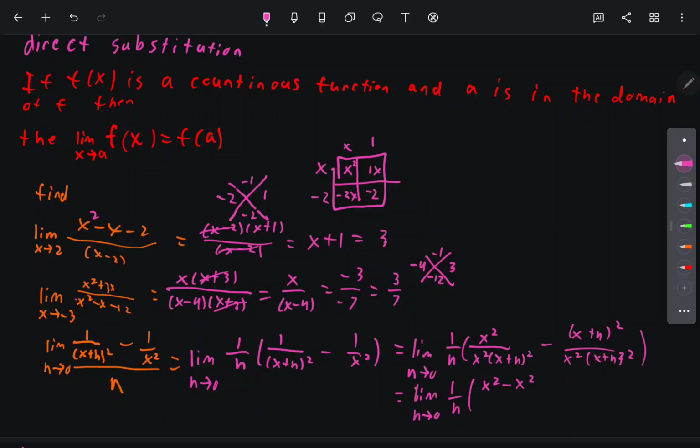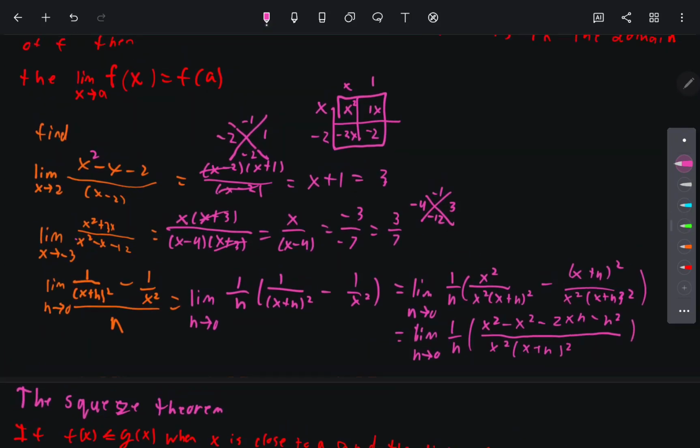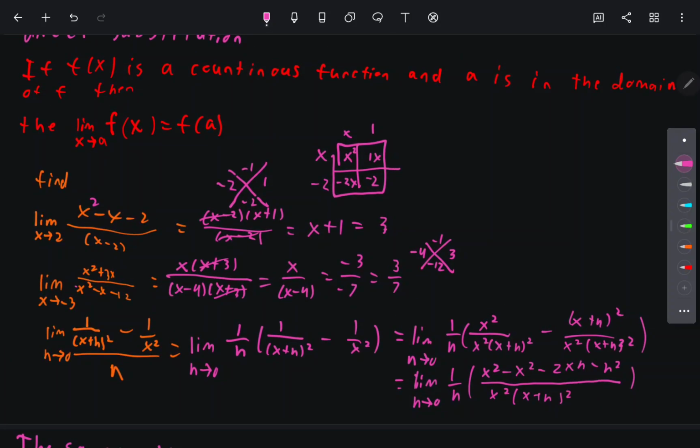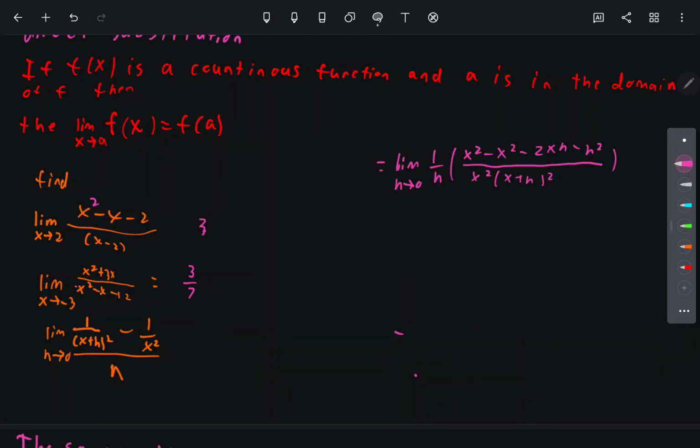We are going to get minus 2xh minus h squared all over x squared times x plus h squared. Well, looks like I'm about to run out of space, so give me one. Okay, now that I have a bit more space, let's now see what terms cancel.